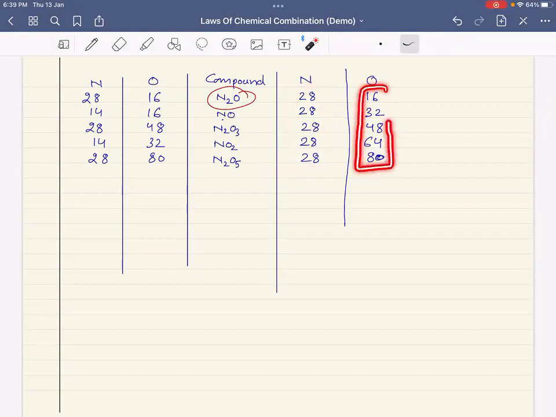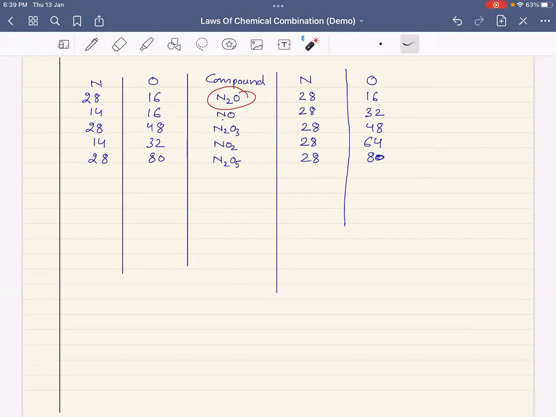Different masses of oxygen are combining with the fixed mass of nitrogen. So they are combining in the ratio of 1:2:3:4:5. So this is a simple whole number ratio. So this follows the law of multiple proportion.